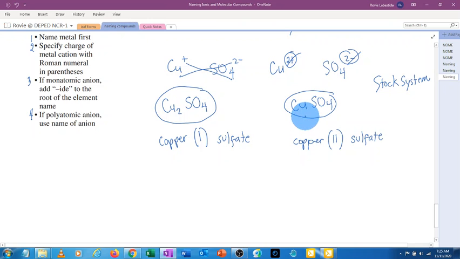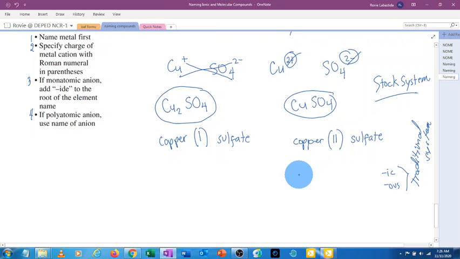But before, actually, instead of stock system, they use the conventional way of naming using ik and us suffixes. Ik and us suffixes. This is for the traditional system. Today what we use is the stock system, but it is also good to know how the traditional system works. Okay, let us apply that using this same example.